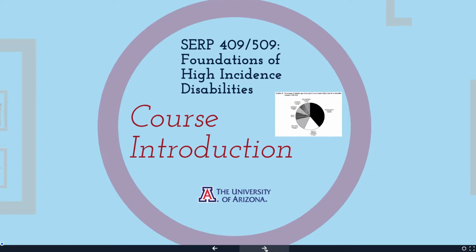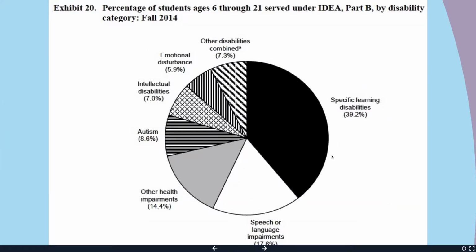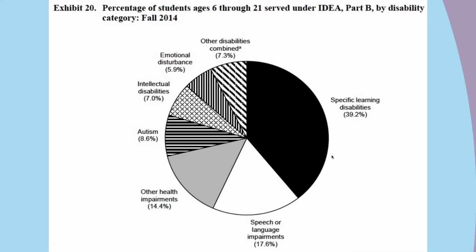First, what the course is about. Take a look at this pie chart. This is from the fall 2014 data of the U.S. Department of Education, and it shows the categories in which all students in U.S. special education are served.